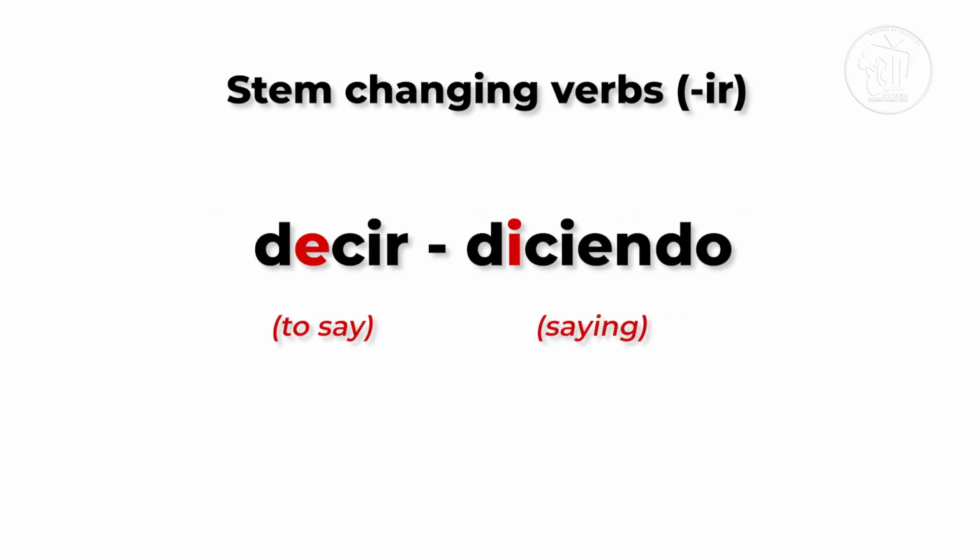Let's look at another IR stem changing verb. Decir. Decir means to say. When we remove the IR, we are left with a stem DEC. And the rule for this stem changing verb states that we should change the E to an I. So after we do that, our new stem is DIC.